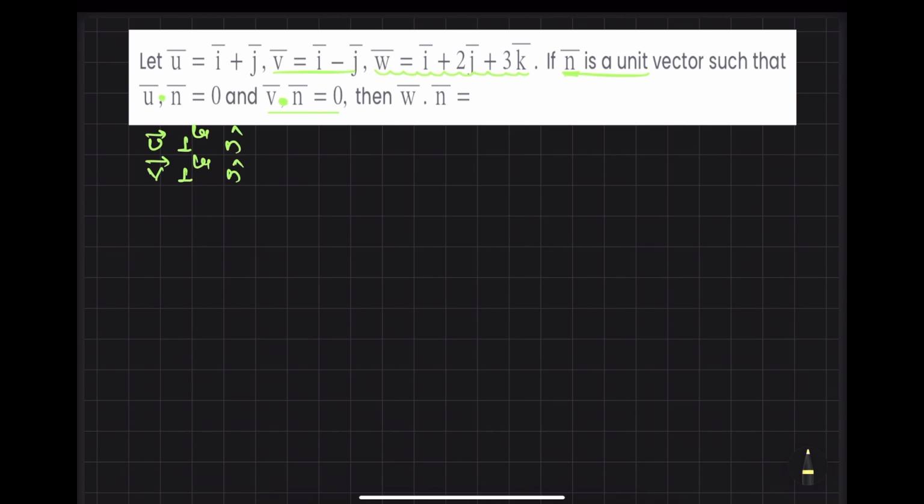So first we need to extract the vector n, and vector n is a vector perpendicular to the vectors u and v. How should we approach this? Do you remember? Yes, exactly.